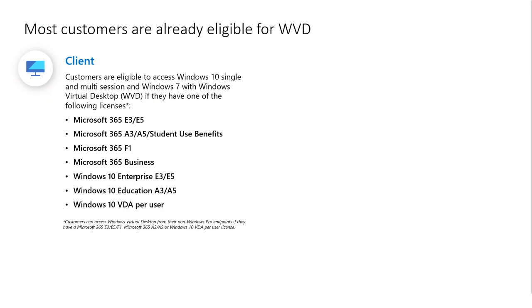You would find that many customers are already eligible because they already have Windows or M365 E3 or M365 Business, and this will give them access to WVD. They've already got the OS portion of the cost sorted. Right?